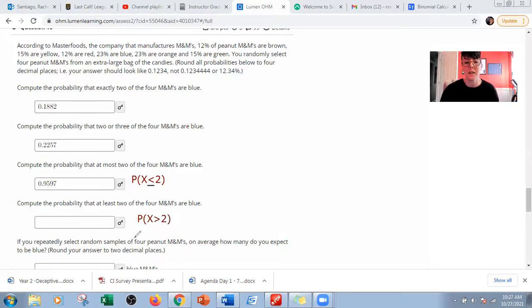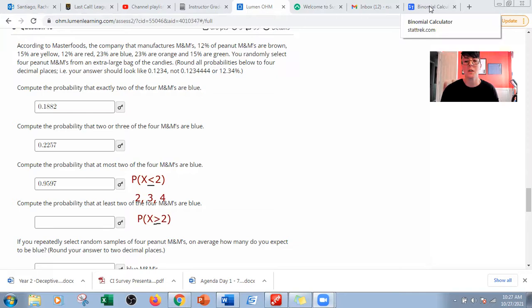What will help is when you're deciding, write down the values. So you said 2 or more. If that's the case, then you mean 2, 3, or 4, right? The probability that X is 2, the probability that X is 3, the probability that X is 4. The great thing about the binomial calculator is that we've already inputted 4 trials, 2 successes.